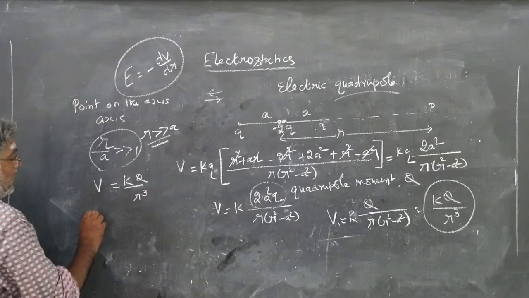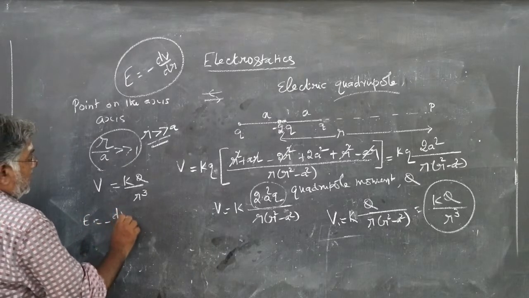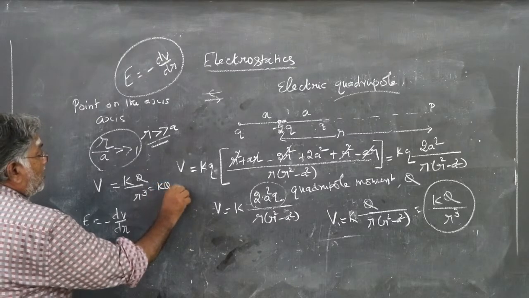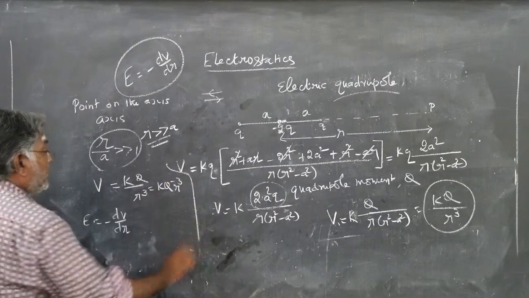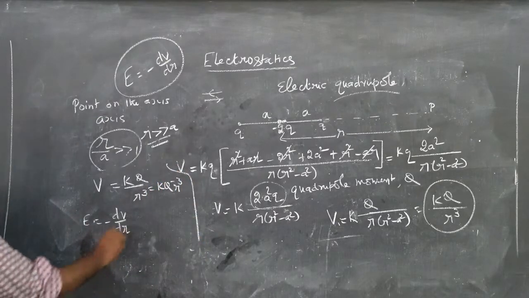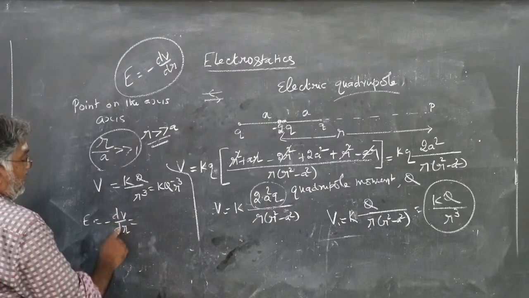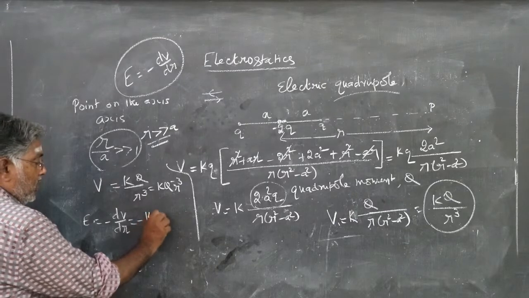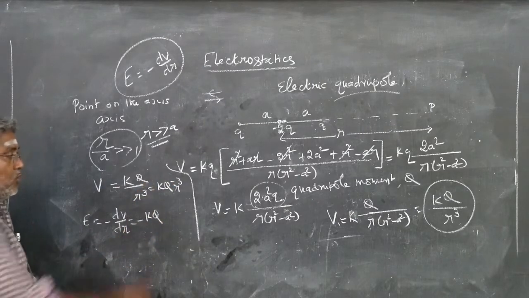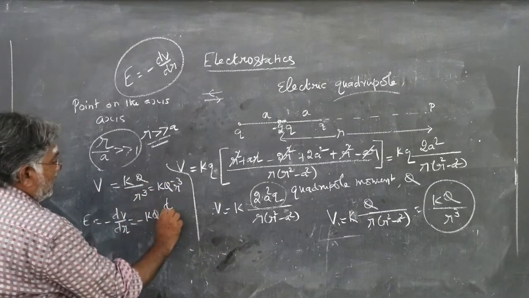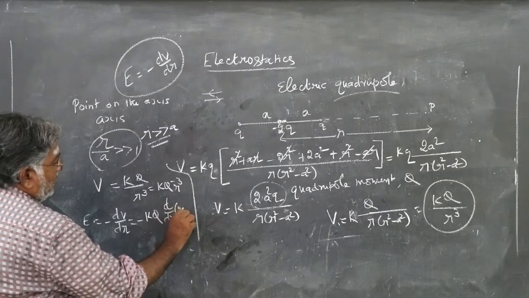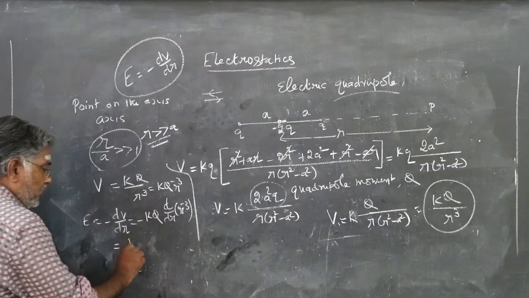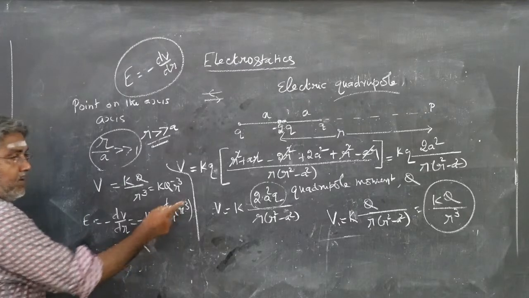So now E is minus dV by dr. This of course you can write as kQ r power minus 3, where kQ is a constant. So minus kQ outside, and differentiate r power minus 3 with respect to r.